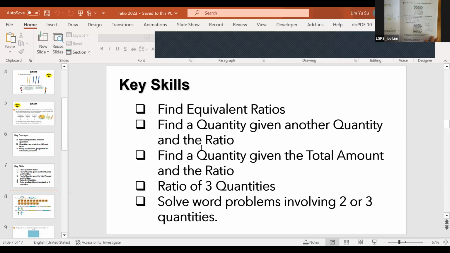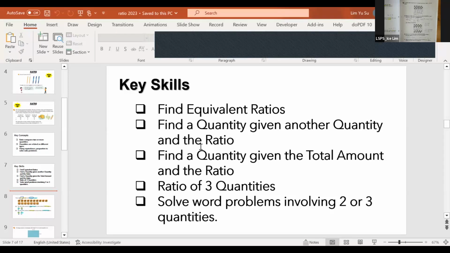And today we'll be solving the 2 skills here. First one, find quantity given another quantity and the ratio. Then second one, find quantity given total amount and the ratio. We'll be covering this today. And tomorrow we'll be trying to do this. Quite a lot. If you can finish all this, then we are in good speed for the review test next week.